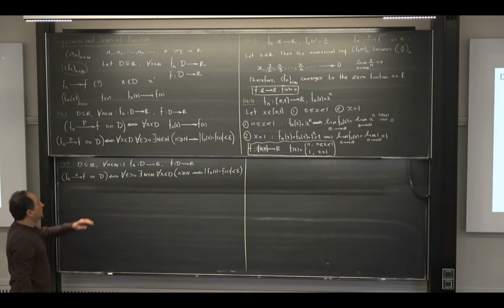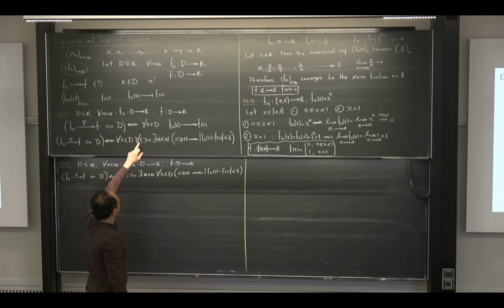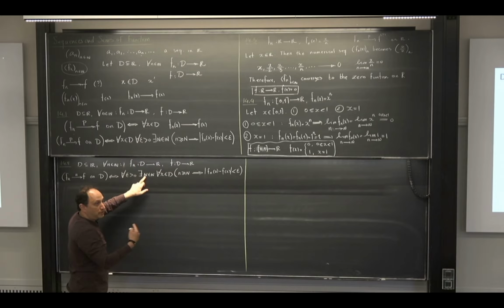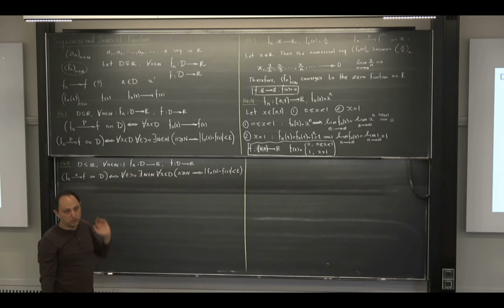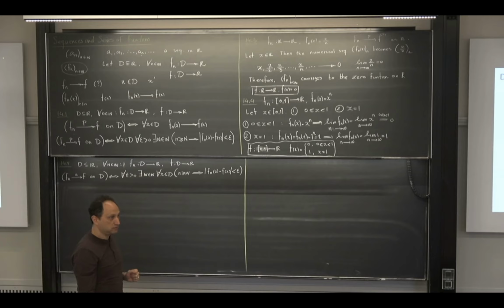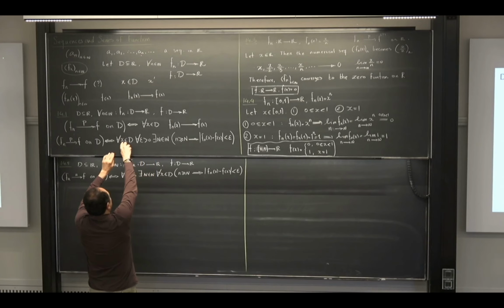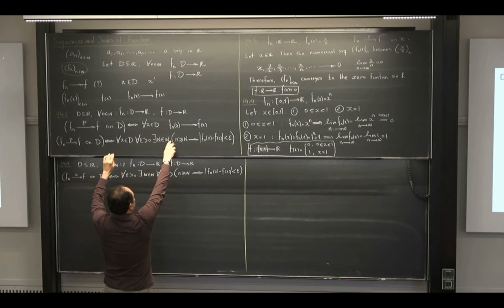So here, for every x and for every epsilon, you need to find an n. This n, technically speaking, depends on x and epsilon. But if this n does not depend on x, only depends on epsilon, then you have the notion of uniform convergence. Is that clear? So the only difference is that instead of putting this first, I put it here.